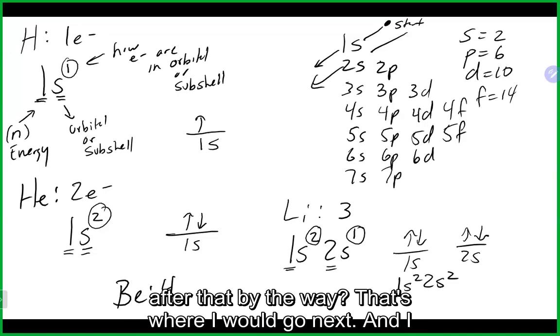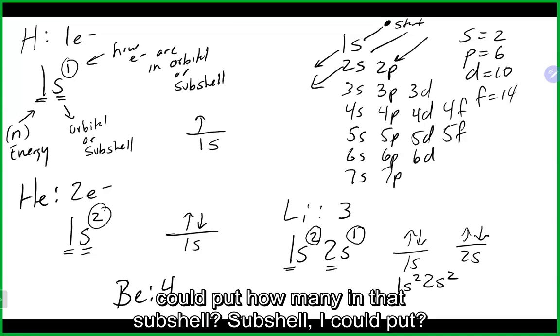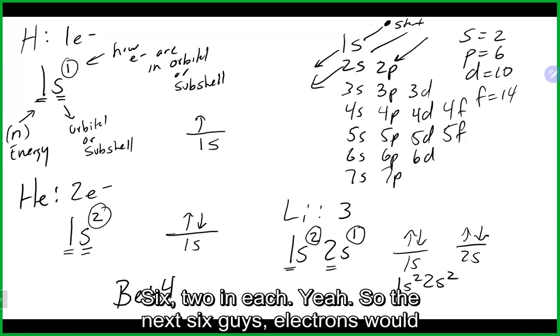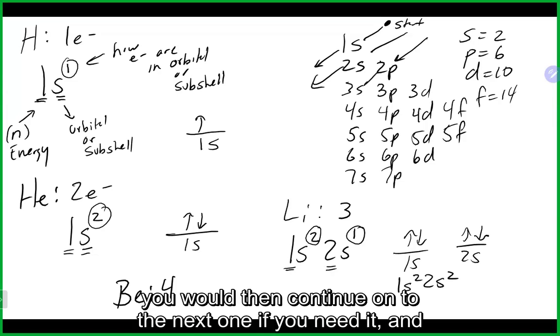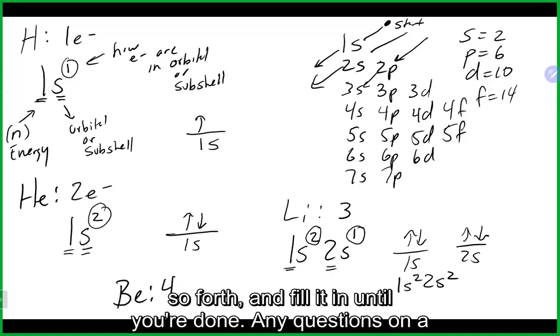Where would I go after that, by the way? That's where I would go next. And I could put how many in that subshell? I could put 6, 2 in each. So the next 6 electrons would be entering into that subshell. And at that point, you would continue on to the next one if you needed, and so forth, and fill it in until you're done.